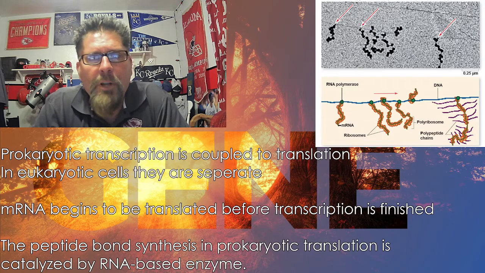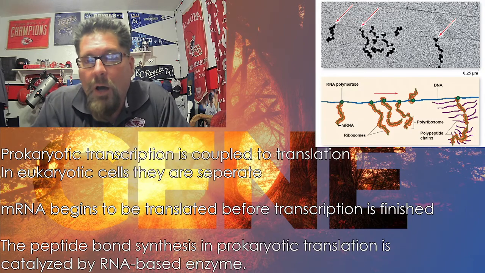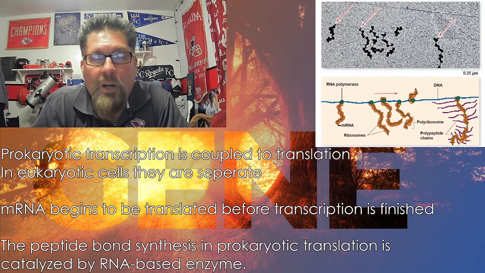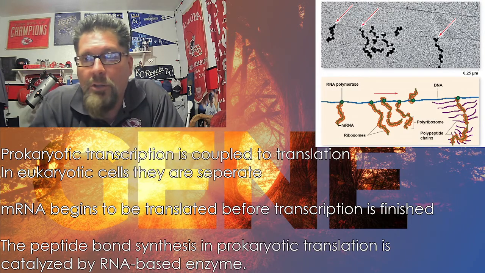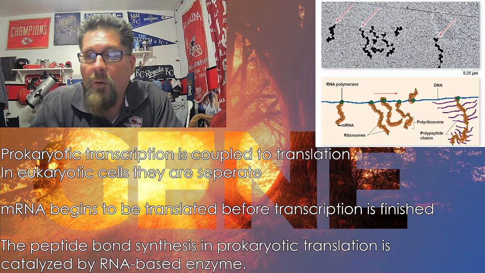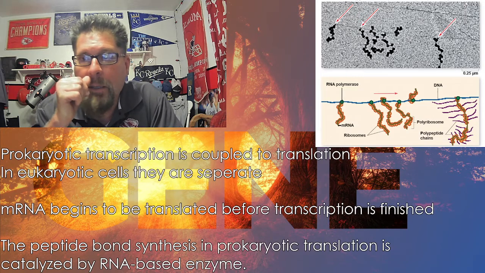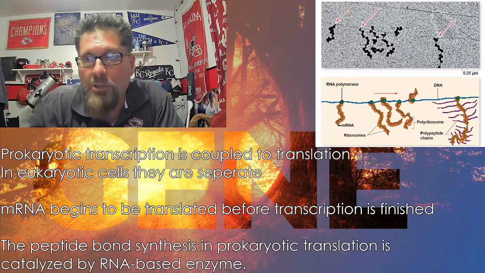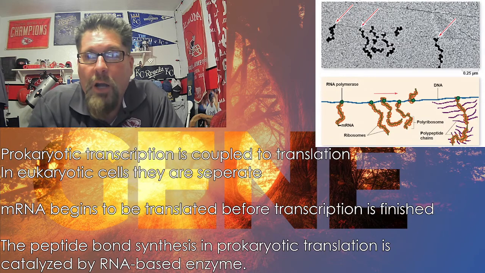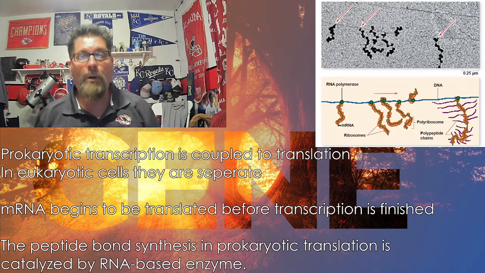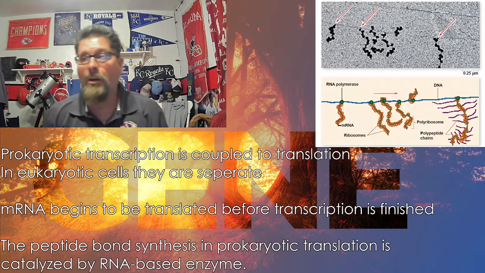So that's a pretty efficient system. Once the RNA strand gets long enough, the ribosomes start to read it. And you can see that in the diagram beside me, on the far right-hand side. You can see the polymerase, that's the green circles, and then what's hanging down below, that yellowish-orangish stuff, that's the RNA strand being read. And on the far right, you can see a purple strand coming off of that. That's the amino acid chain being made.